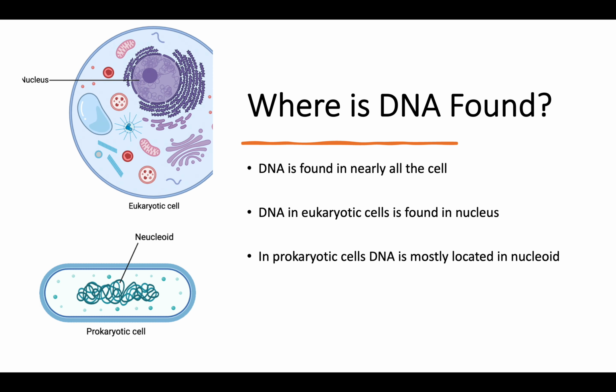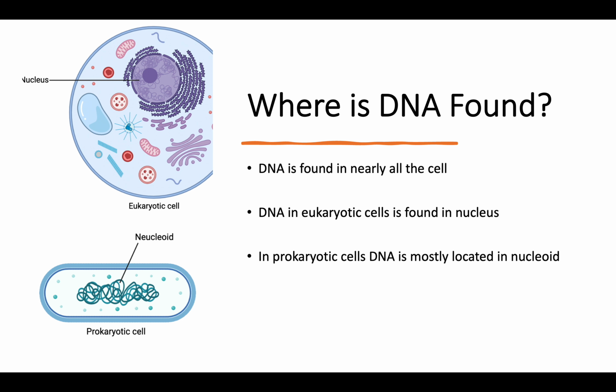So, where is DNA found then? Well, DNA is found in nearly all cells, and cells are broadly classified into two types: prokaryotic cells and eukaryotic cells. Eukaryotes, like we humans, have multiple cells with various compartments.